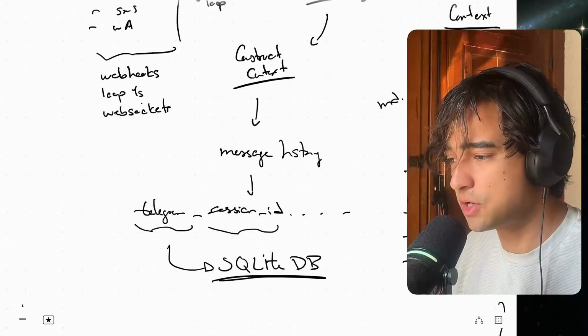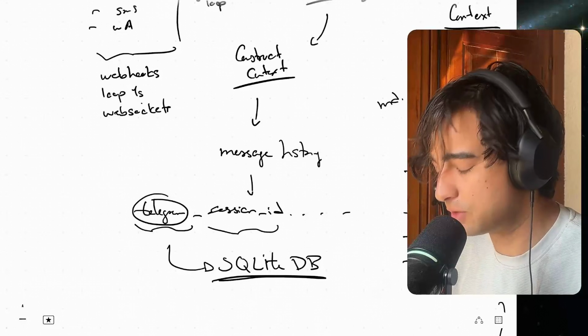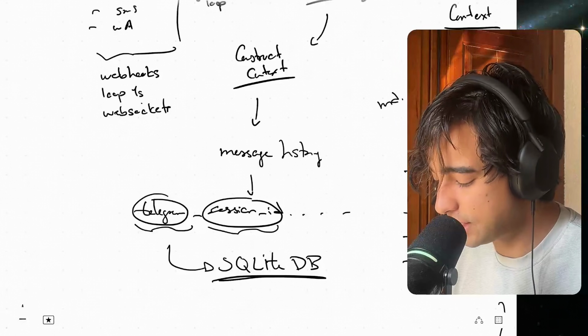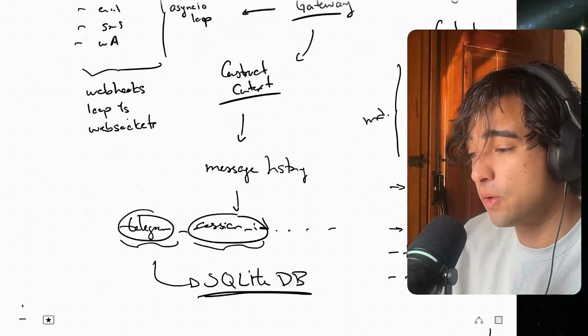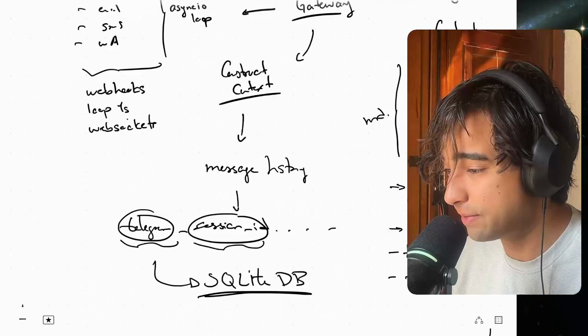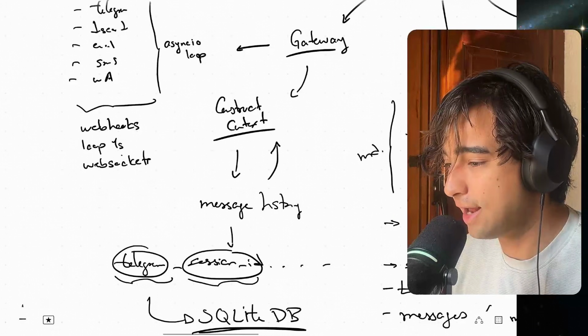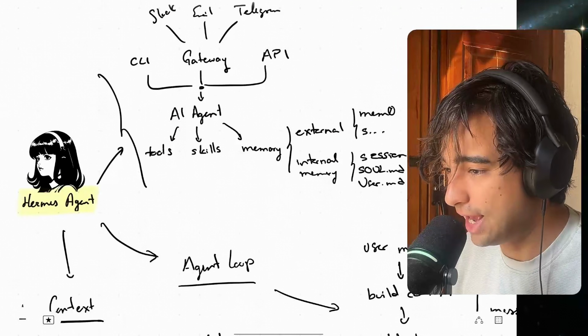We're talking about Telegram, so we take the Telegram prefix and append the session ID that was returned by Telegram, and then from there it's going to query all the history of all the messages from your SQLite database, append them to your context, and that is what it is going to send to your AI agent.